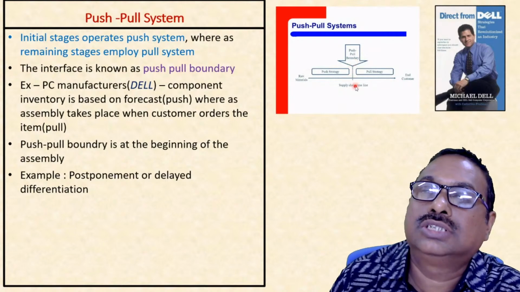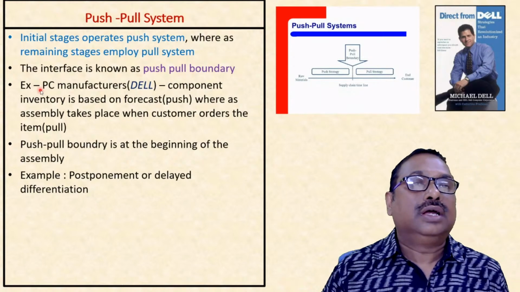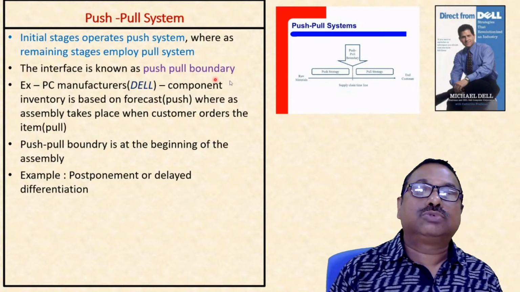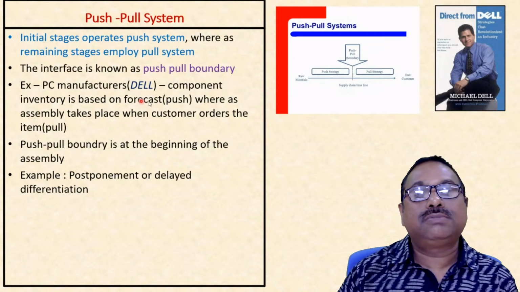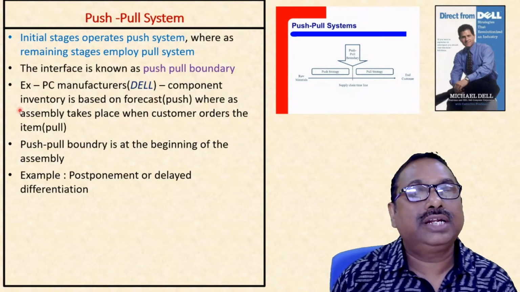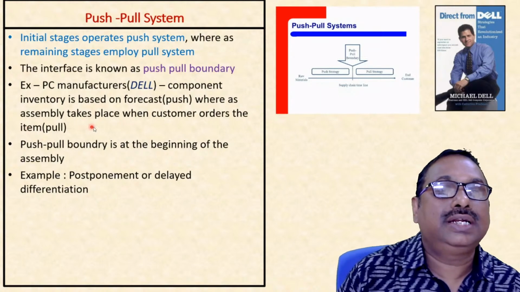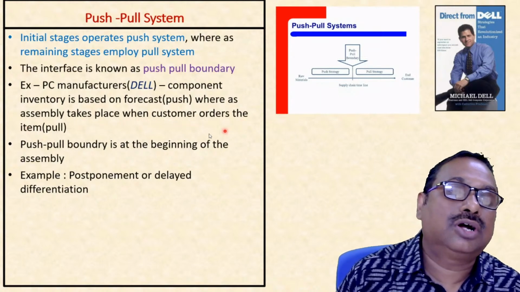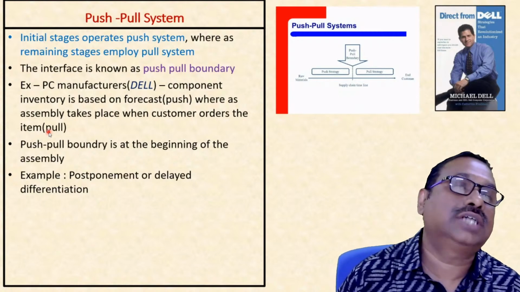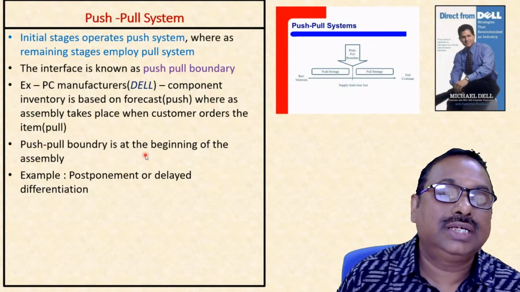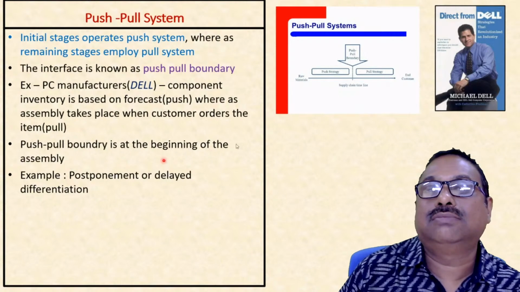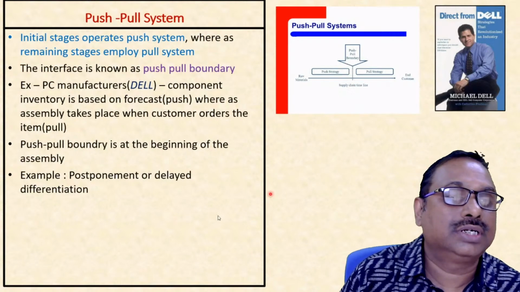So this is push, this is pull, and this interface is known as the push-pull boundary. Example: for PC manufacturers like Dell, component inventory is based on forecast, which is push, whereas assembly takes place when the customer orders the item. So the push-pull boundary is the beginning of the assembly.